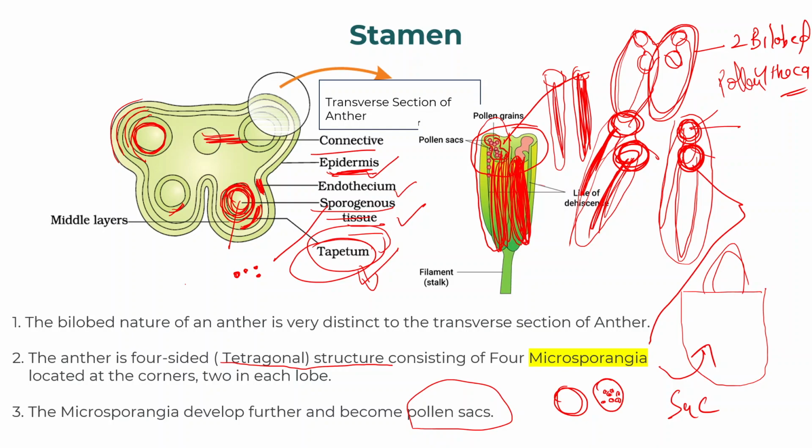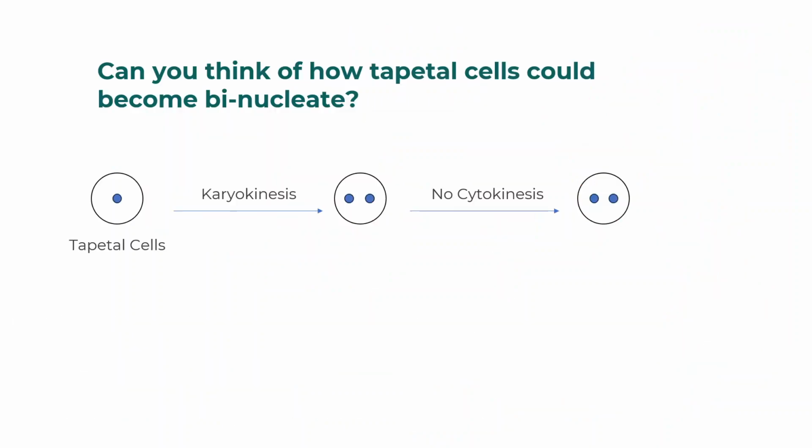Now NCERT has a question which I should be discussing later, but still, can you think of how tapetal cells could become binucleated? Now sometimes you will see that the tapetal cells, you know that cells have only one nucleus, but tapetal cells sometimes have two nuclei, which is known as the binucleate condition, right? Karyokinesis means that the nucleus divides into two halves, but cytokinesis does not occur.